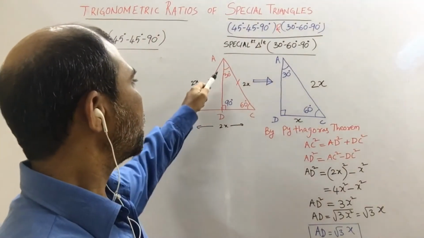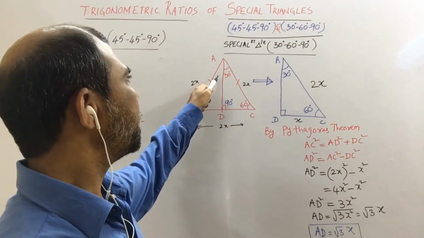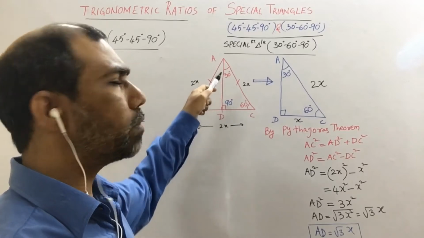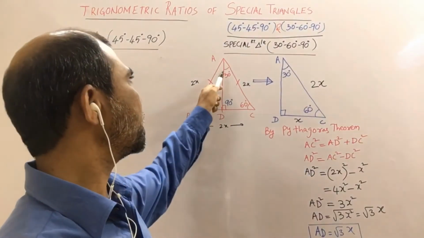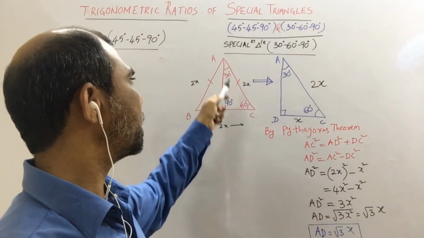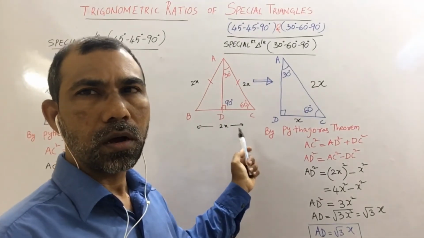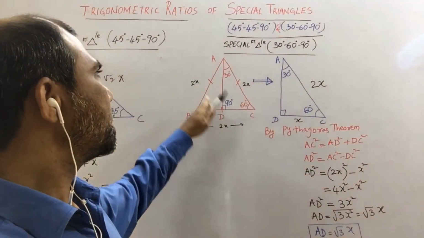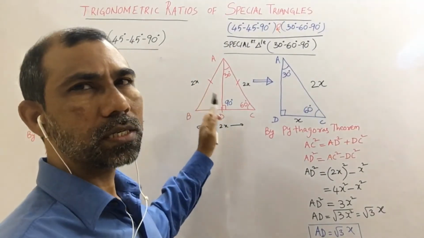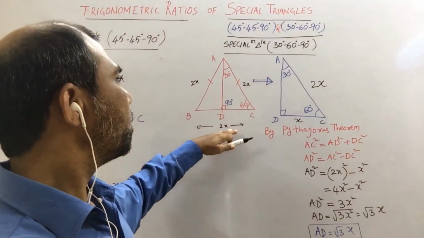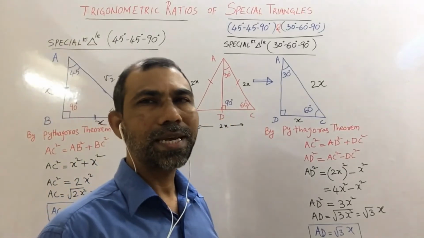As I said, this will also divide the angle into equal parts, so 60 degrees will be converted into 30 plus 30. Here the side will also be divided into half. So, we first considered 2x units, and now half of 2x is x units.